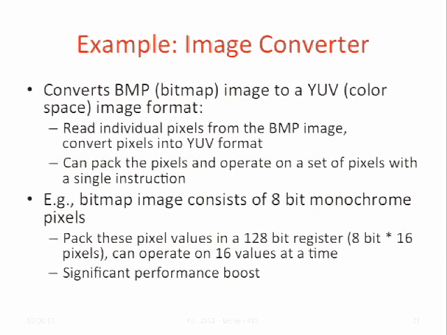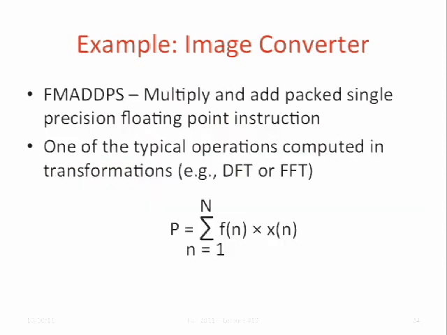This is what it looks like in C if you were to do it. If you were to do this in individual x86 floating point instructions for four floating point numbers, you'd have to do 8 instructions, right? You do the multiplication, then you do the add, and you do that 4 times. If you were to do it in SIMD style, but you didn't have that fancy multiply and add instruction, then you could do them 4 at a time, but you have to run 2 instructions on each one.